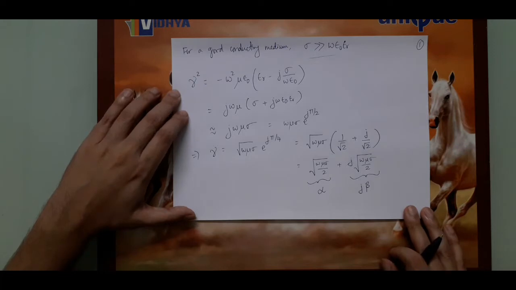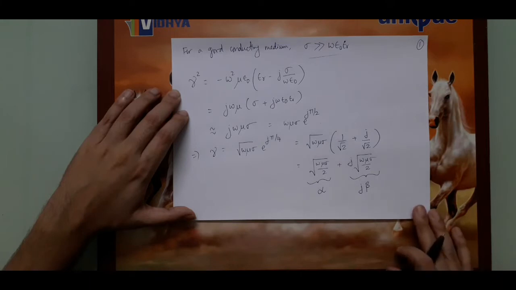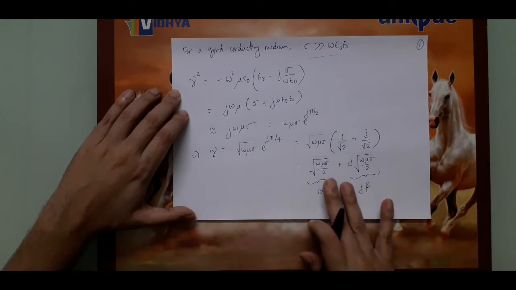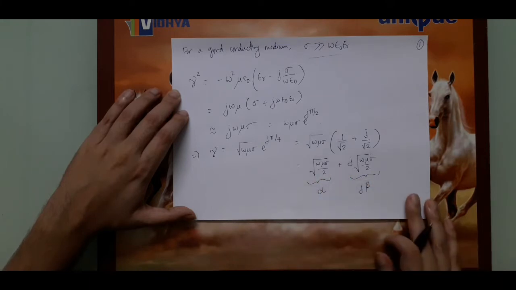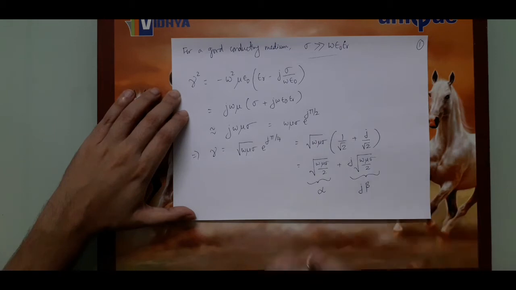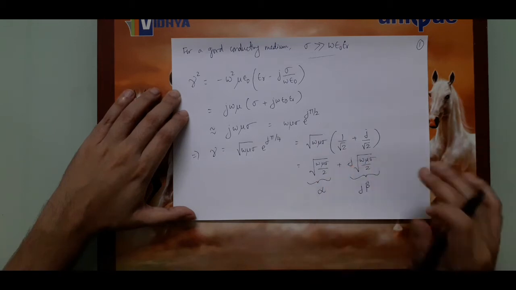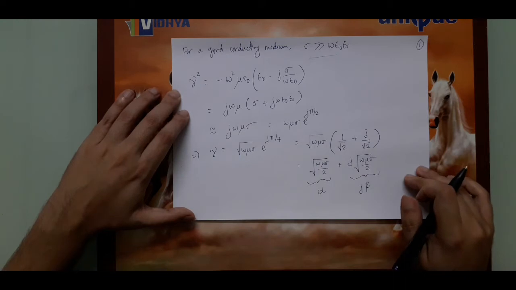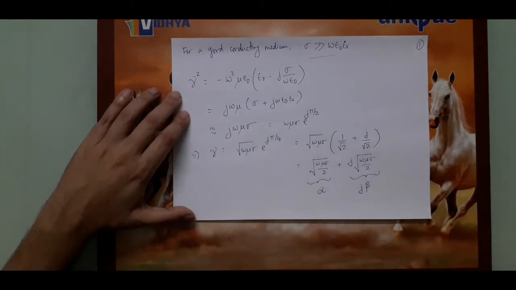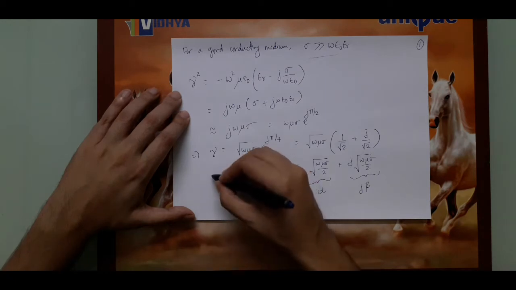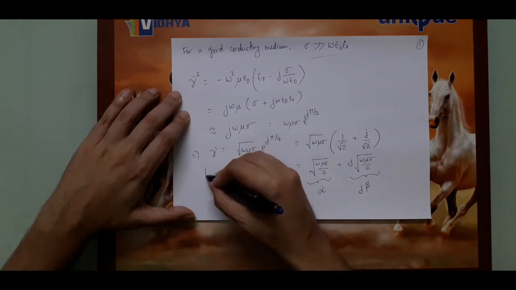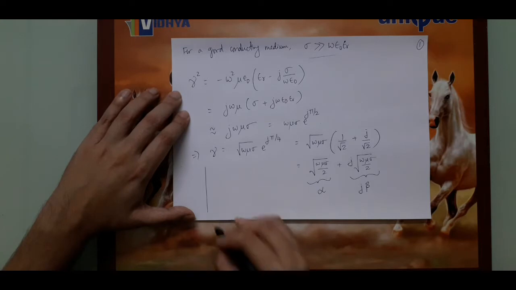Now let us understand what is the physical implication of this. Let us move one step ahead of the math that we have derived and try to see what is going on. Now let us say we have a conductive medium. Let us say that the conducting medium starts from here.